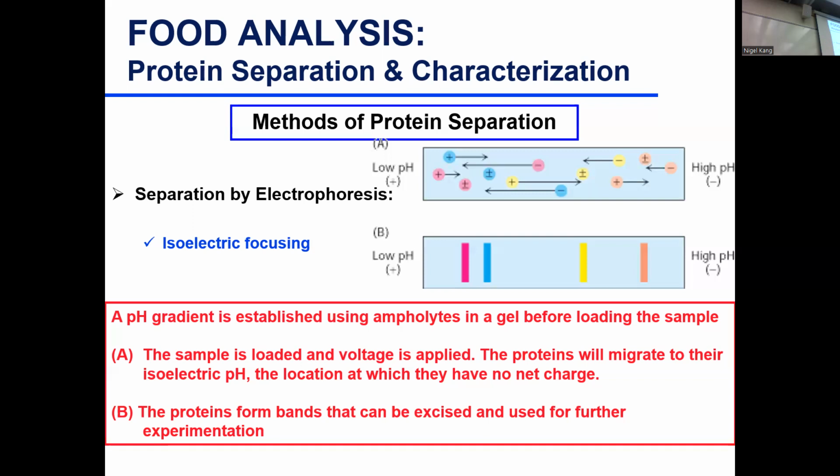Once you load your sample, because there is a current and there are different charges, your sample starts migration and stops when it's at the isoelectric point of that specific protein. Imagine you have 10 different proteins. They start migration and they stop at their specific isoelectric point. So you are separating your proteins based on their charge or isoelectric point.